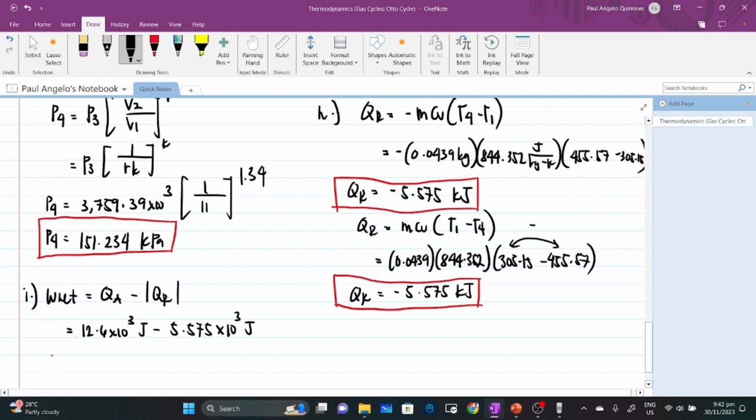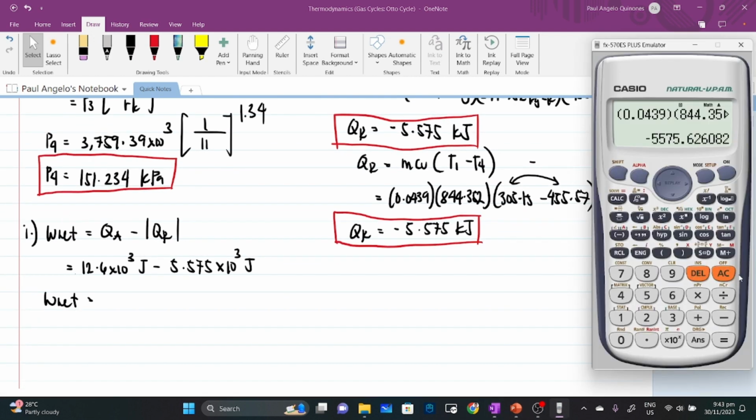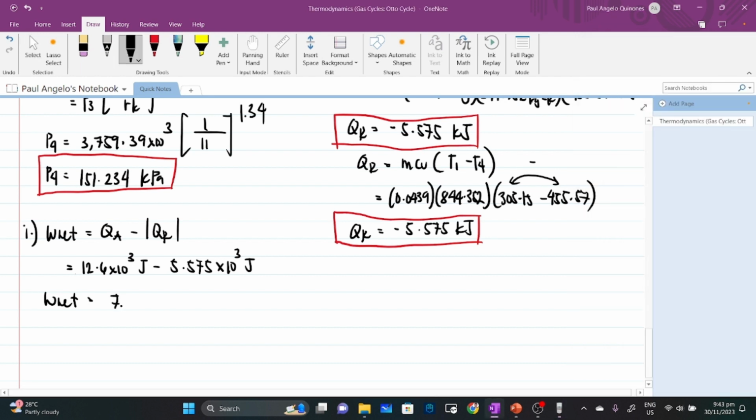Therefore the work net is equal to 12.6 kilojoules minus 5.575 kilojoule, which is 7.025 kilojoules.